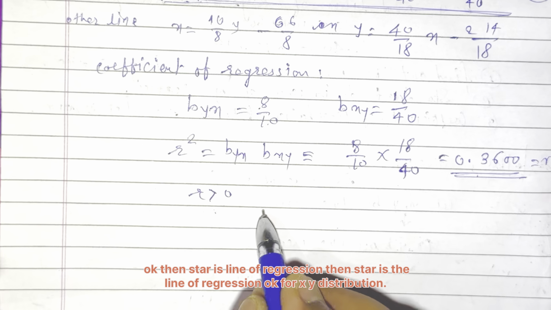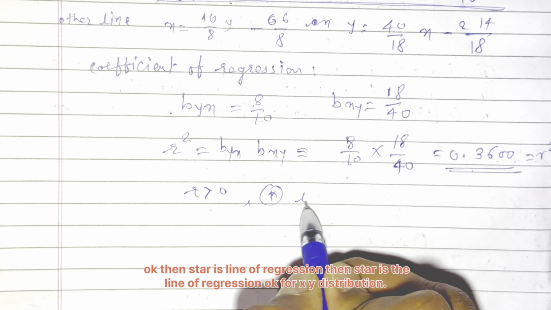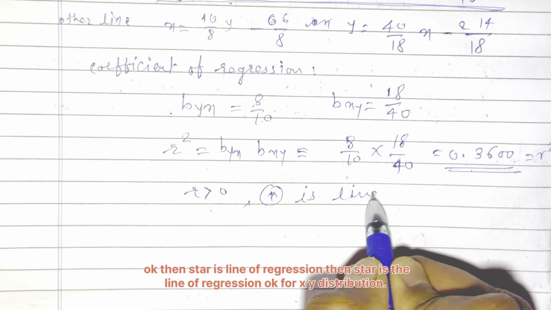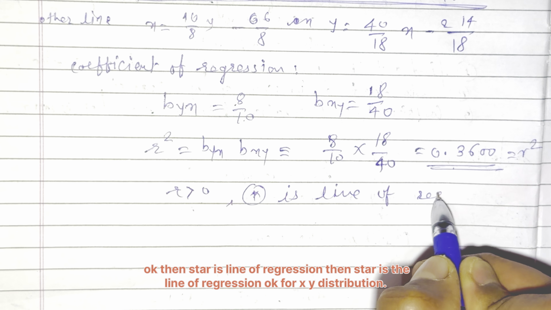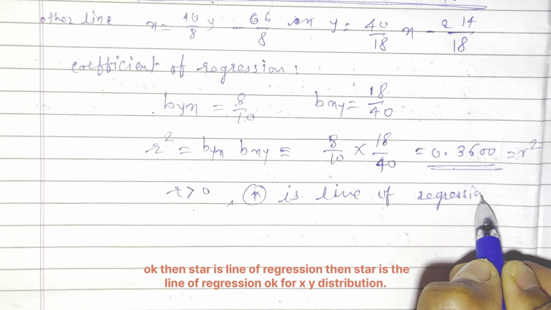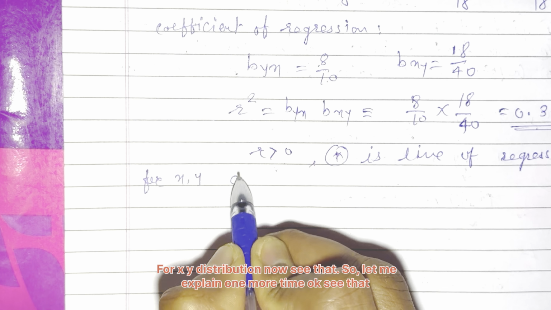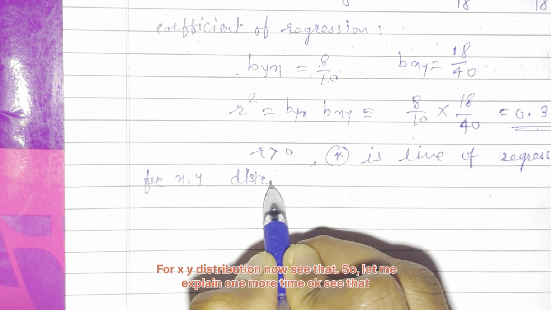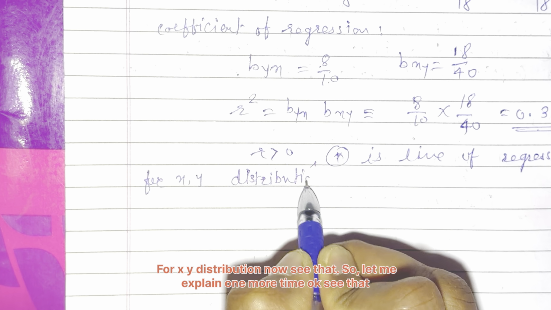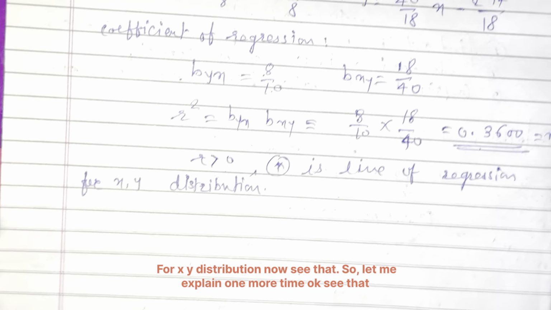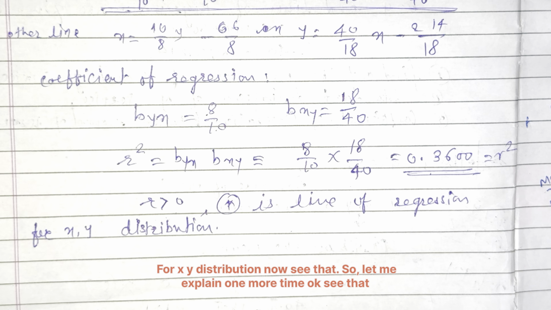Then star is the line of regression for xy distribution. Let me explain one more time.